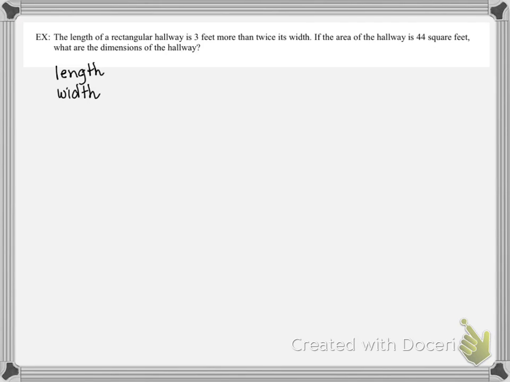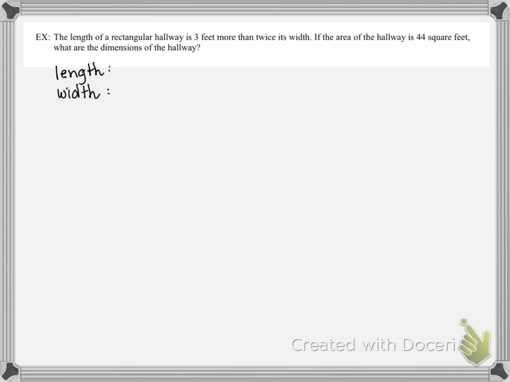The key is that the number of variables you choose is the number of equations you have to write. So if I were to say this is x and y, then I would have to come up with 2 equations. In this case, I'm not going to do that. There's nothing wrong with you doing it, it's totally up to you. But in this case, they tell me what the length is in terms of the width fairly easily.